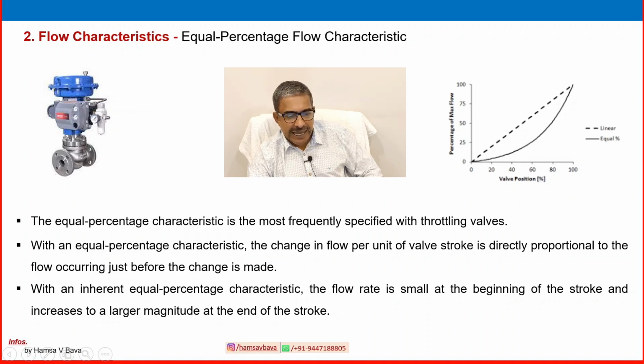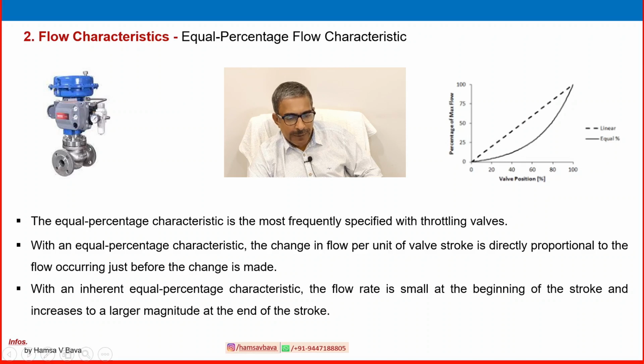With an equal percentage characteristic, mostly in throttling valves, the change in flow per unit of valve stroke is directly proportional to the flow occurring just before the change is made.